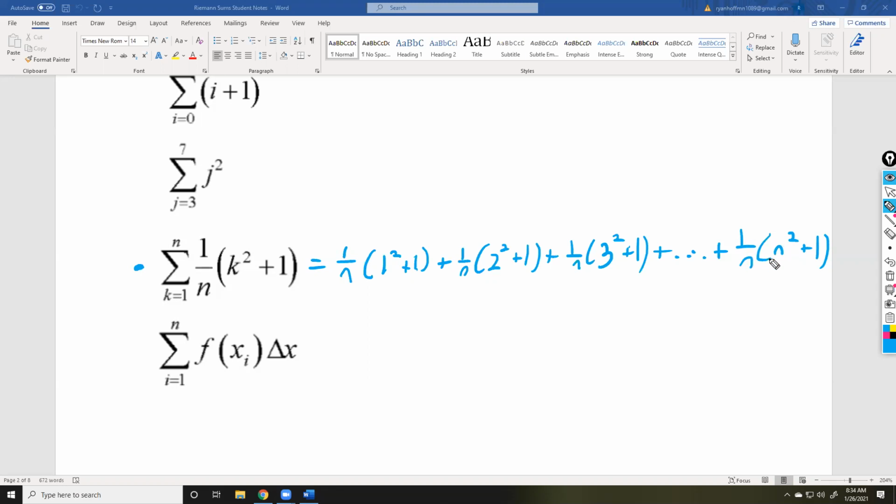So it'll look like 1 over N times N minus 1 quantity squared plus 1. So that's how this sum would look.